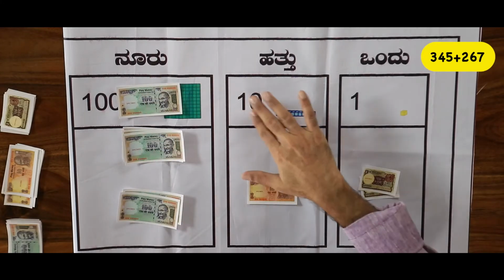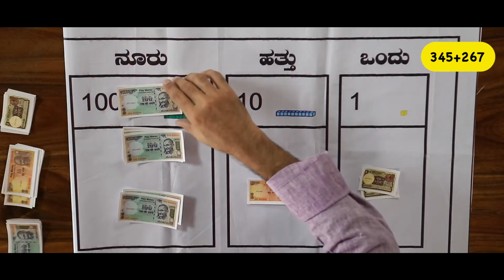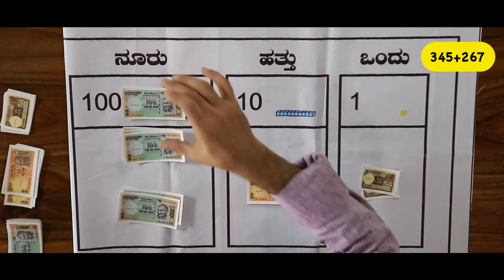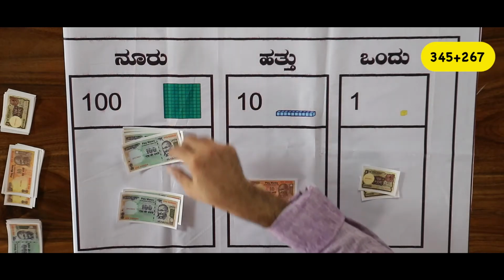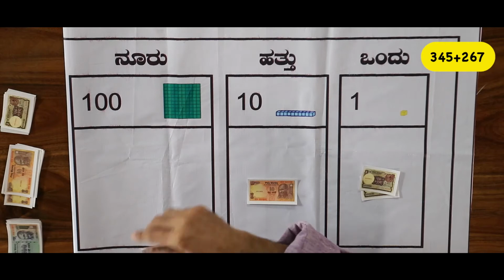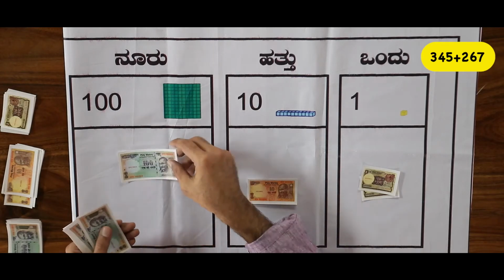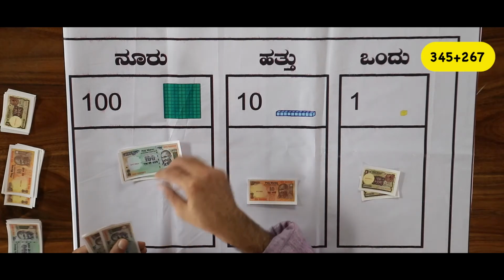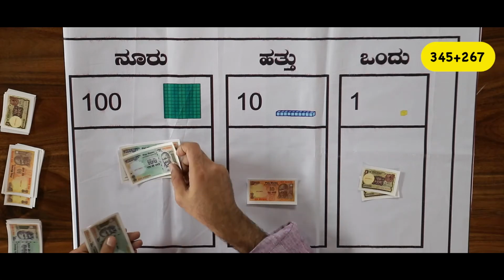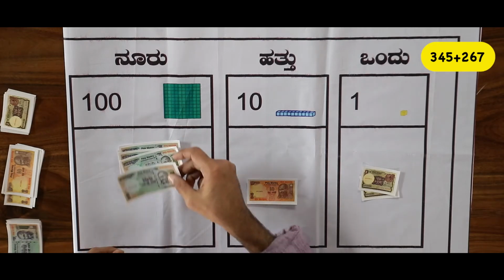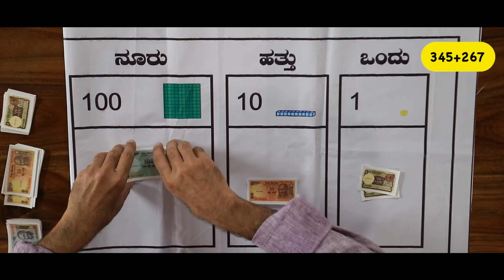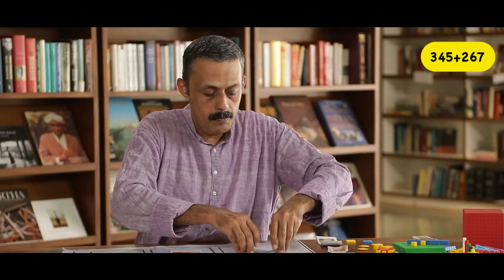So, when I give the stack of 10 to the bank, I got 100 rupees in exchange. So, I will put all these together. Let us count the number of notes. 1, 2, 3, 4, 5, 6 hundreds. This number does not exceed 9. Therefore, there is no necessity to stack it and regroup it and give it to the bank.